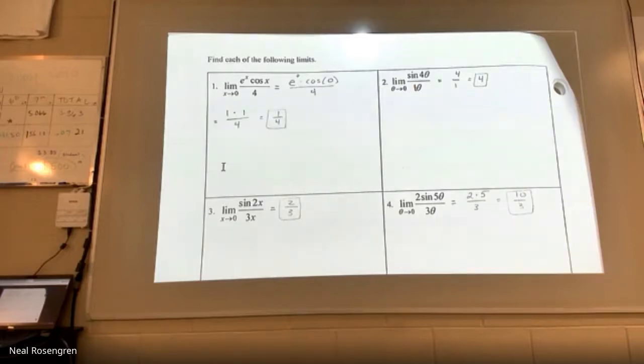Okay, so I will send it out first thing Friday morning, just like I did with the last one. Google form, if you can just answer it right there, great. If you have to show some work, great. You just do that and put it up on Canvas. And you can have as much time as you need, and you can do it whenever you want to on Friday, when your brain is ready for some calculus. Does that sound good?